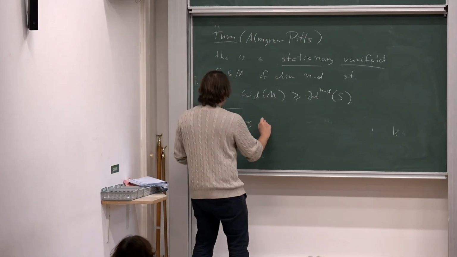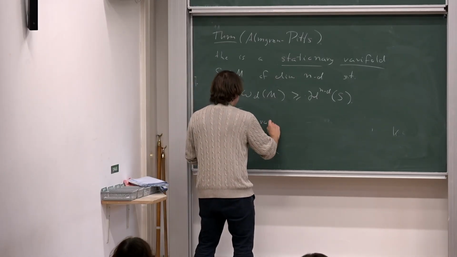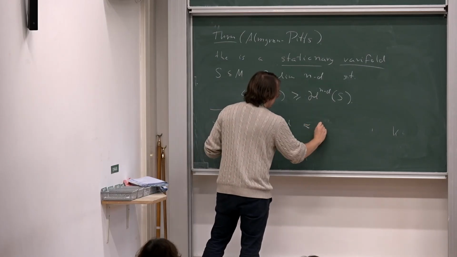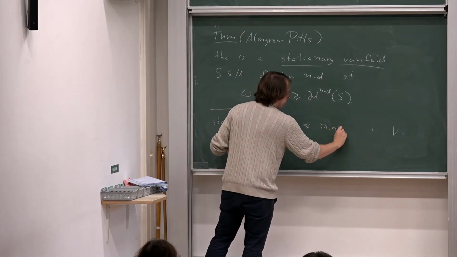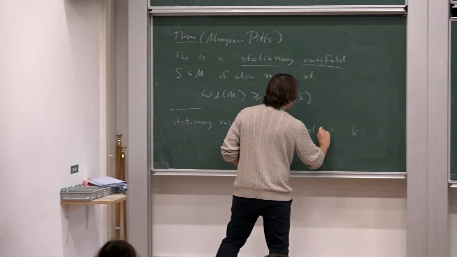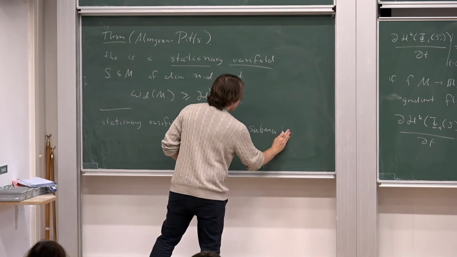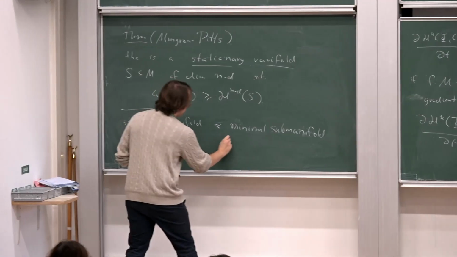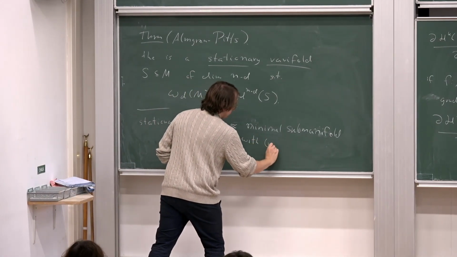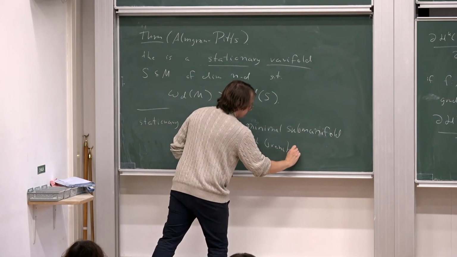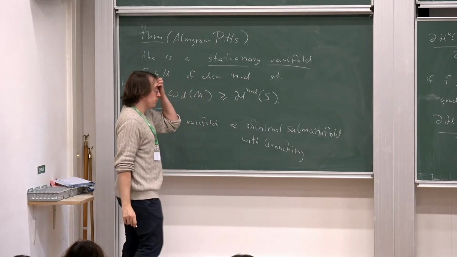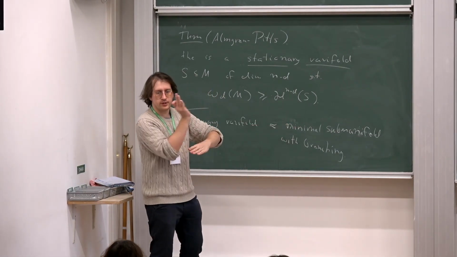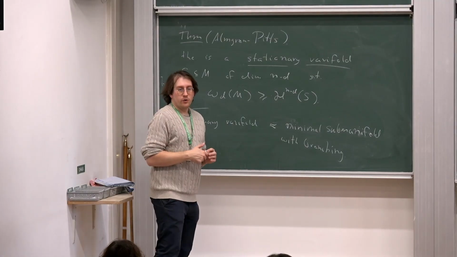Roughly speaking, a stationary varifold is like a minimal submanifold with branching. So this thing doesn't have to be a manifold everywhere. You can allow for some branching, some kind of weird cuts and connections.